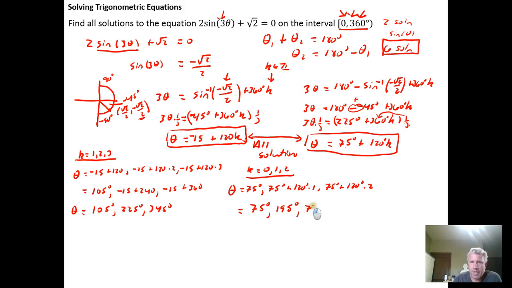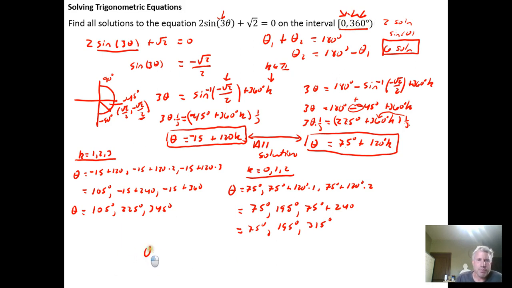And this is going to be 75 degrees plus 240 from here. And then that needs to be simplified. We get 75 degrees, 195 degrees, and what's that going to be? 315 degrees. And all three of these are in the interval from 0 to 360, so they all look good.